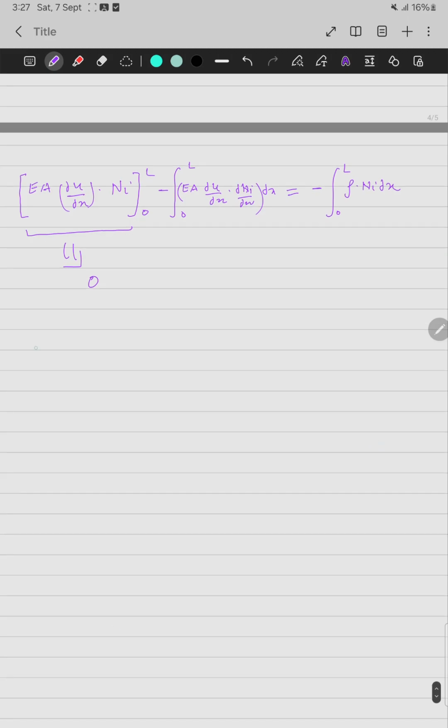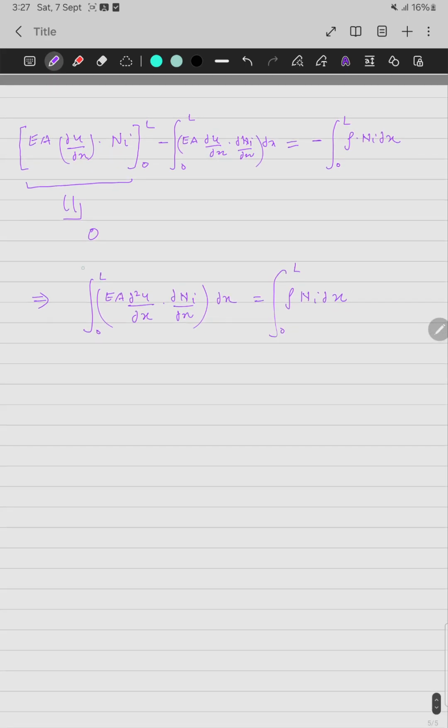So we will be left with our equation: integral from 0 to L of EA del 2U by del X times del Ni by del X times dx equals integral from 0 to L of rho Ni dx. Okay, so we'll get this equation.